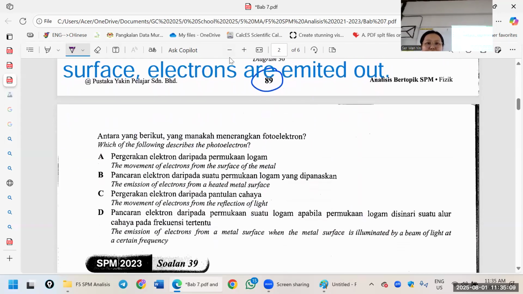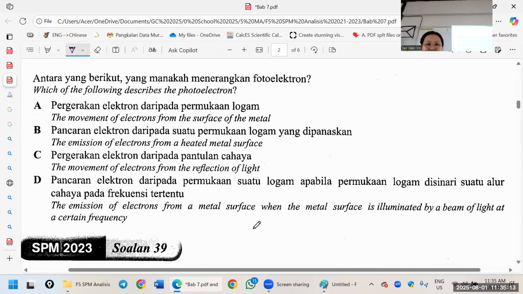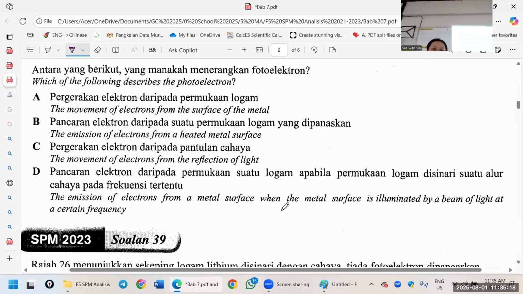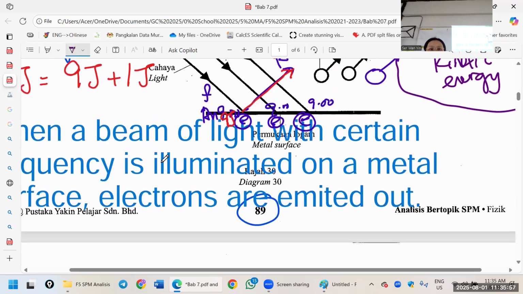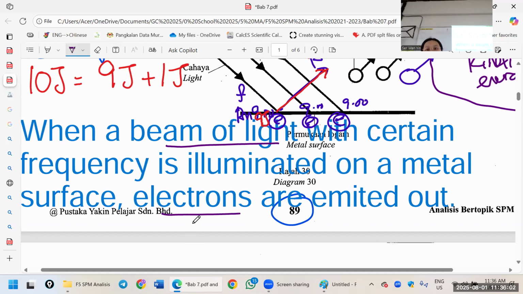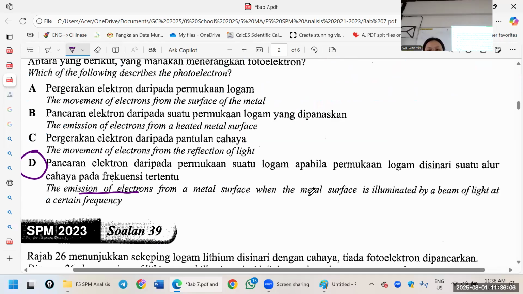Now, which of the following describes the photoelectron? Answer is D. Okay, good. Just now I described light first, then electron emitted out. This sentence describes electron first, then metal is shined by the light. Both can, no problem.